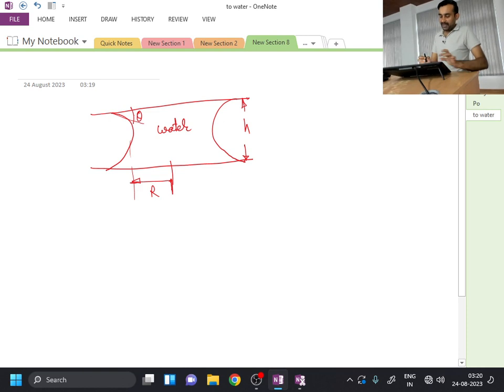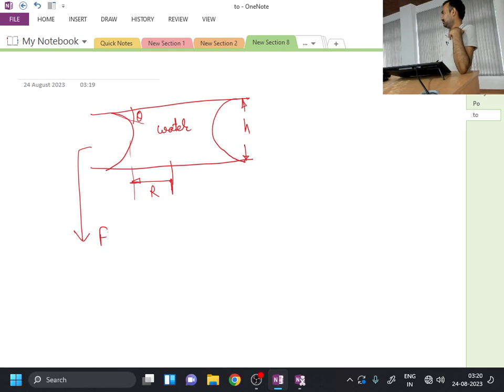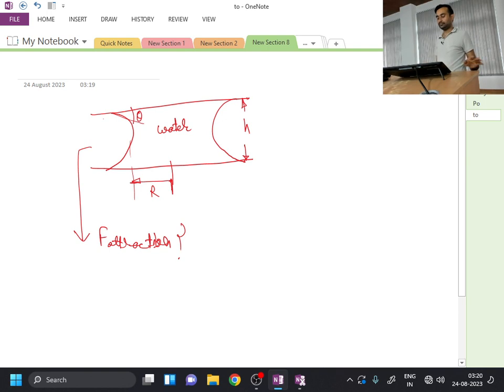You have to determine how much the attractive force between these two plates will be. That is something you have to determine.